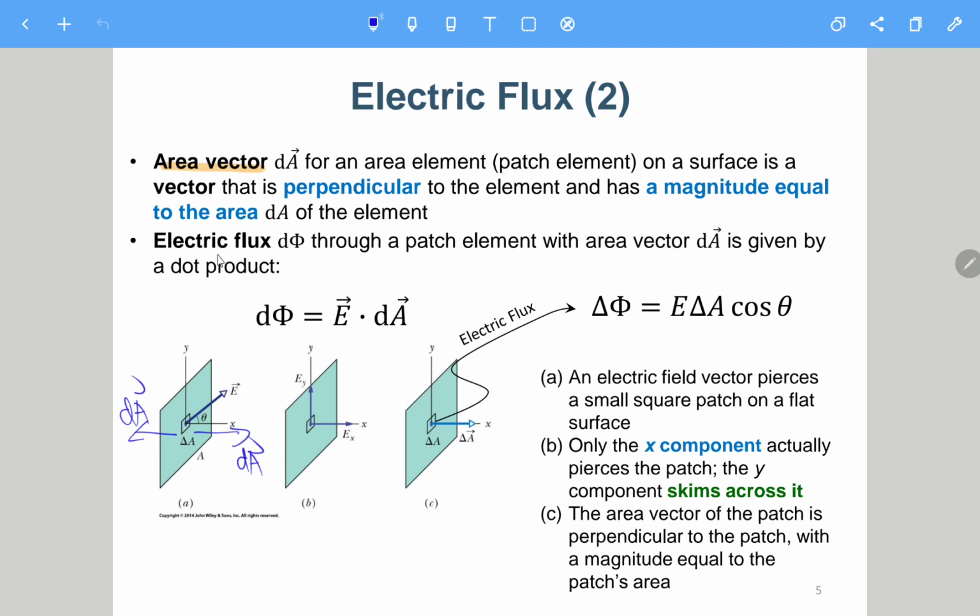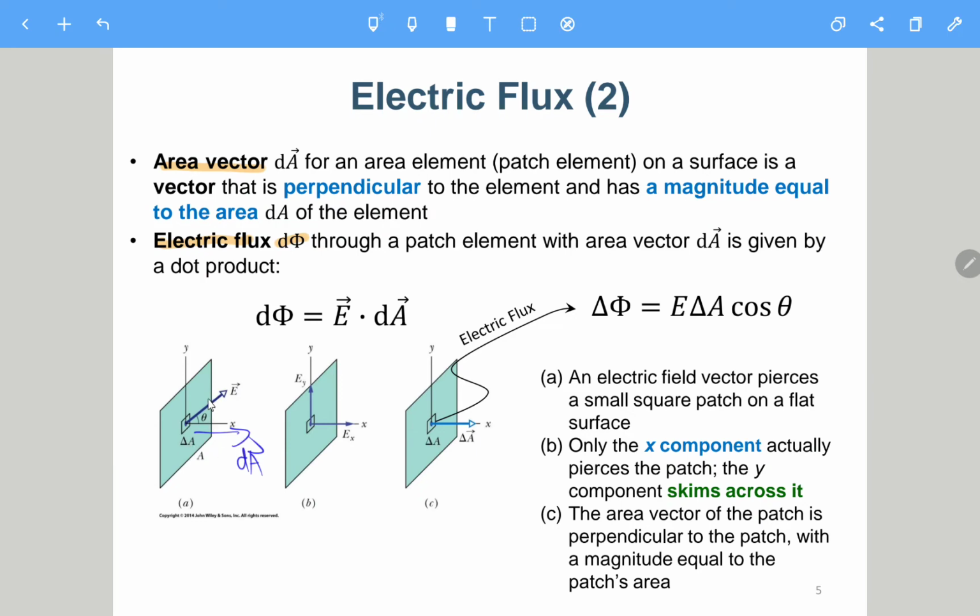So here the electric flux is then d phi. The electric flux d phi through a patch or element with area vector dA is given by a dot product. d phi is the electric flux, E is the E field at that point, dotted with dA. Maybe for this case, dA is defined pointing to the right side.